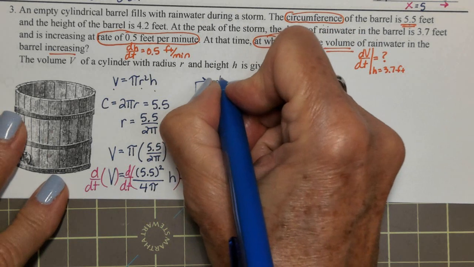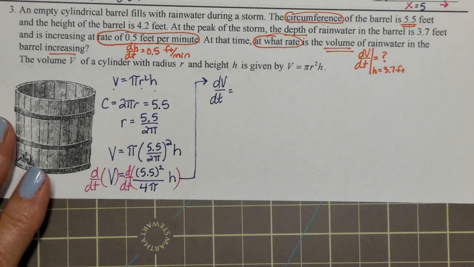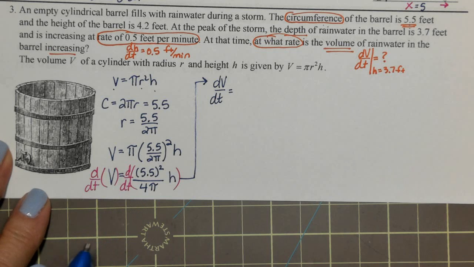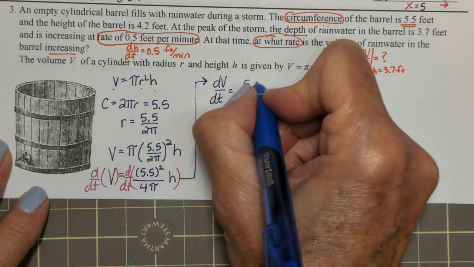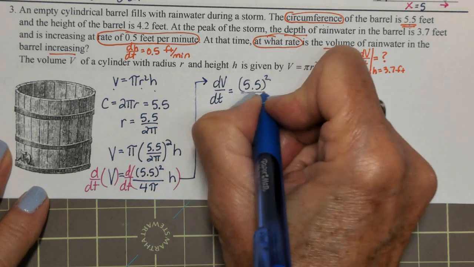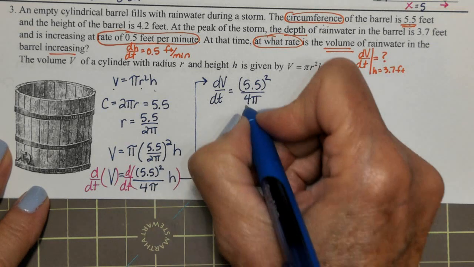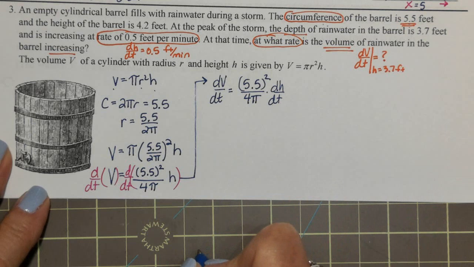So dV/dt is equal to, okay, this is just a number. It's like a 7 or 2 or something. So what's the derivative of a number times h? Just that number. Then dh/dt. Don't forget your dh/dt. Little implicit differentiation there. Little chain rule there.